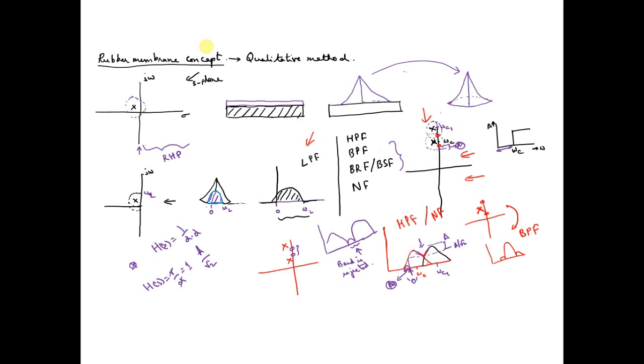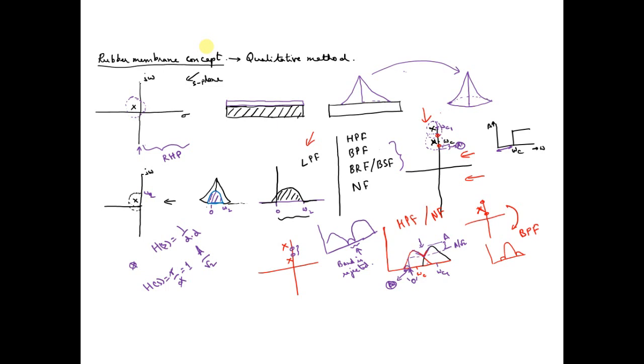Why is this important? This is important because whatever the mathematics you do, ultimately you have to place the pole and the 0 onto the complex plane, whether it is the S plane or the Z plane. By placing the pole, you have to design the filter. And if you don't know how the filter response would look like, you will not be able to get the basic understanding of the filter design.